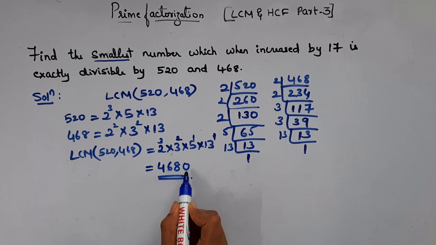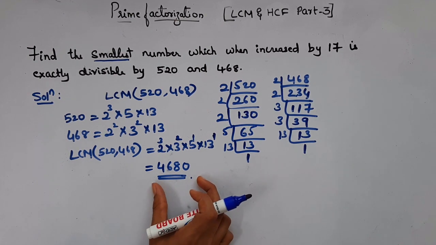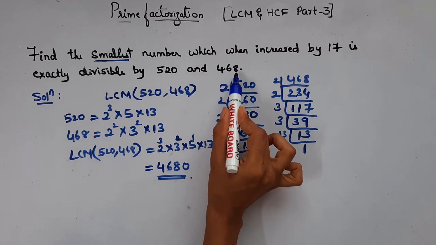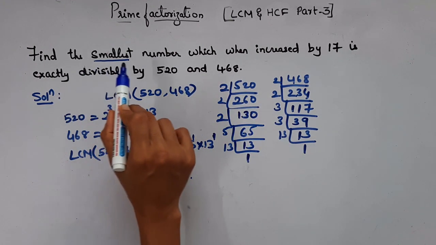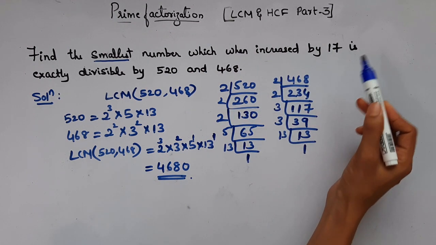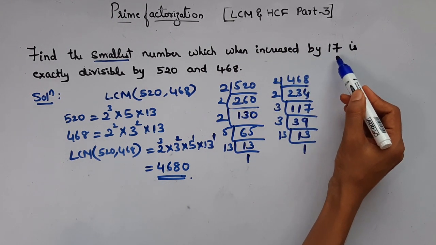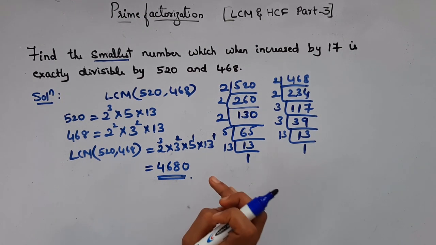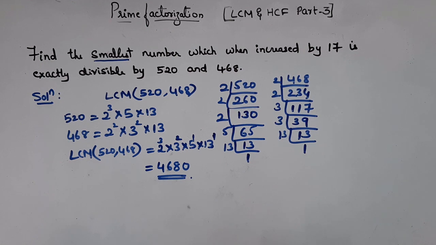Now 4680 is the smallest number which is exactly divisible by 520 and 468. But here they said find the smallest number which when increased by 17. So they will increase it by 17. That means you have to give a number by subtracting 17, right?